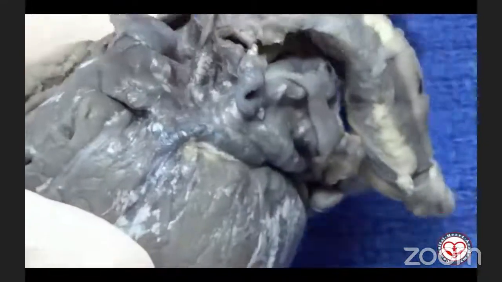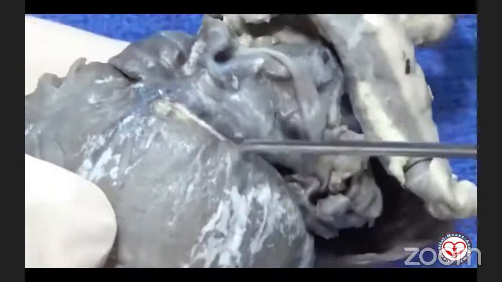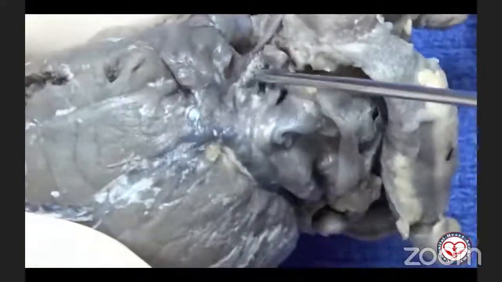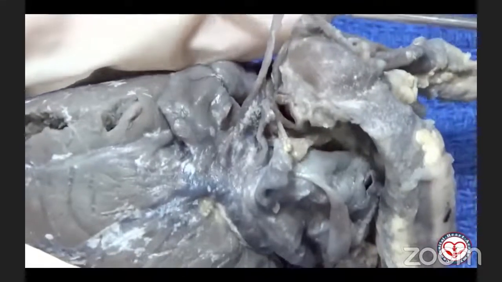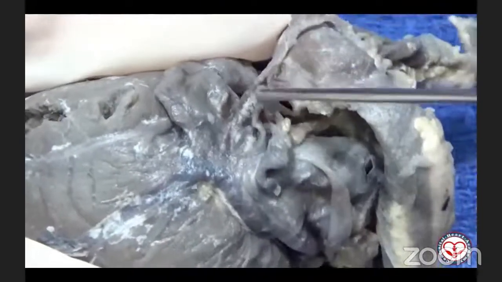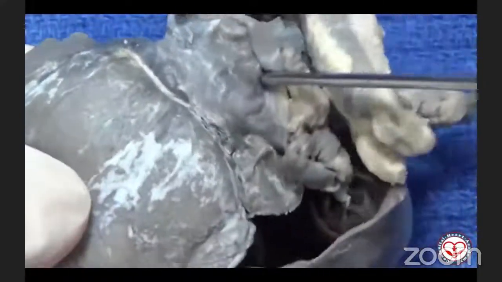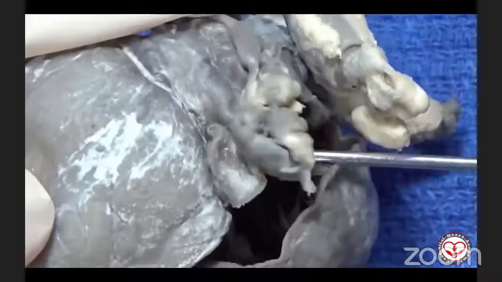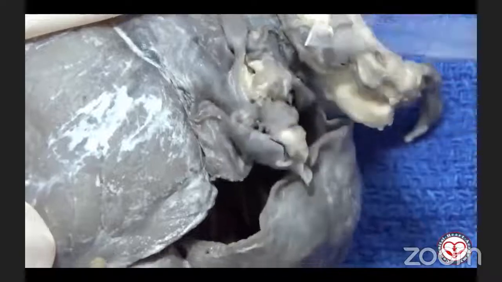We can see that the coronary veins are running in the left atrioventricular groove and to the coronary sinus, as you would expect. And here again is that tiny persistent left superior caval vein also joining the coronary sinus. The inferior caval vein is entering the right atrium here, and that subthebesian sinus adjacent to it is quite thin-walled and dilated.